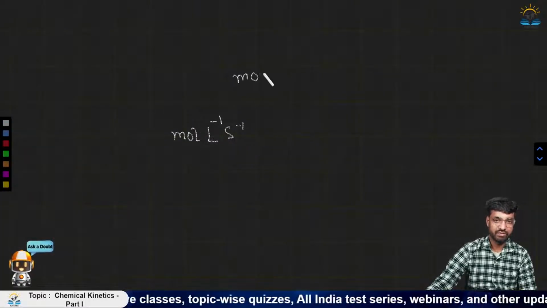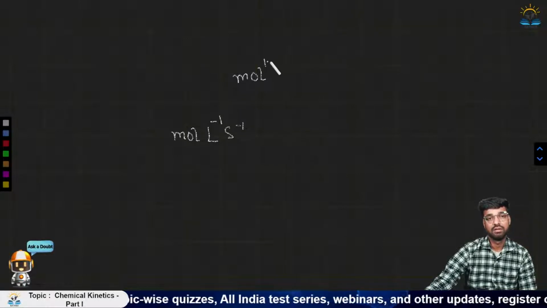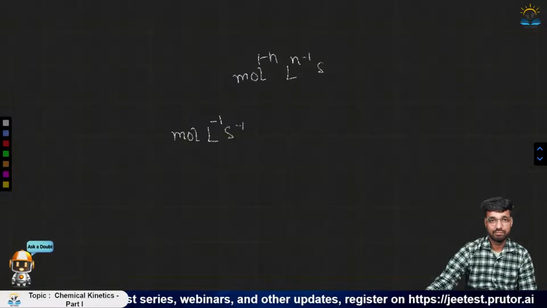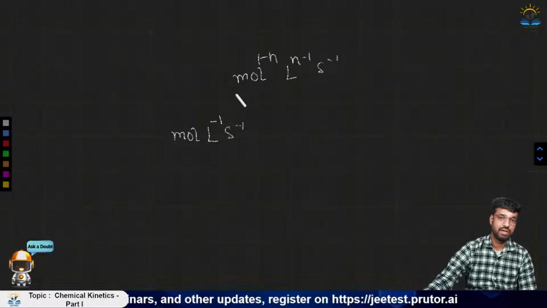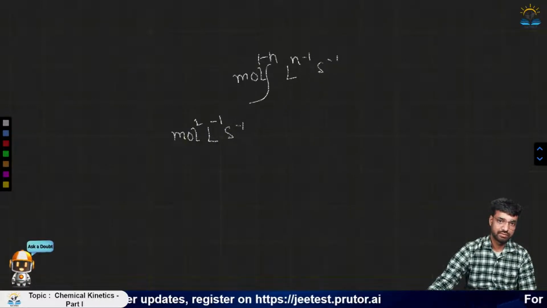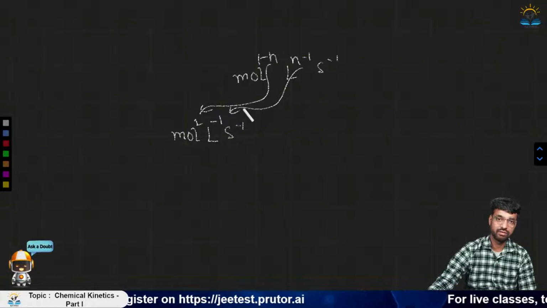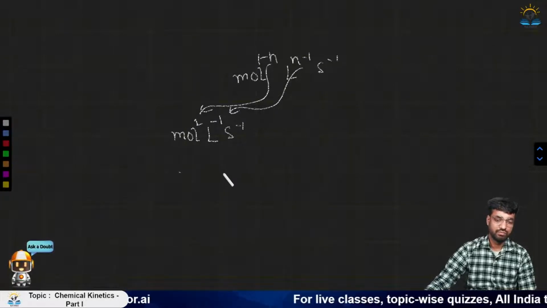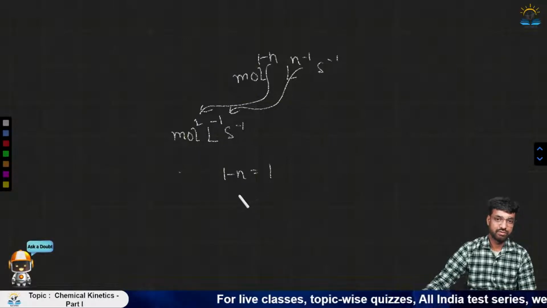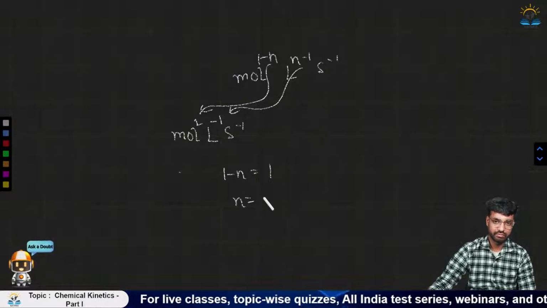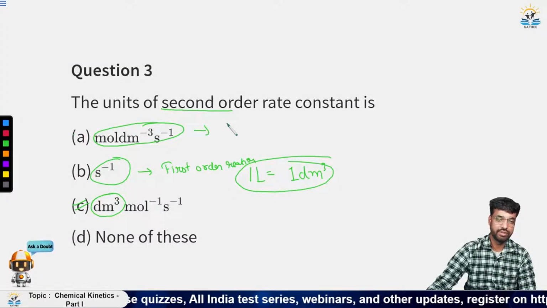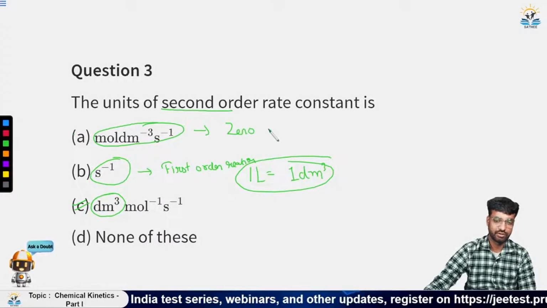If you equate this with this equation, you can get 1 minus n is equal to 1, so n is equal to 0. So this is a zero order reaction unit of rate constant.